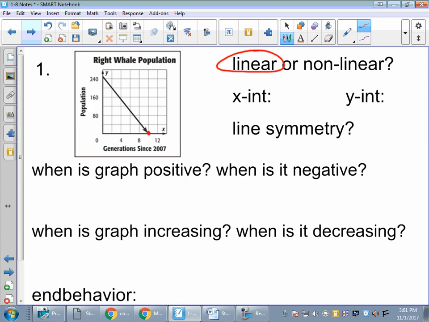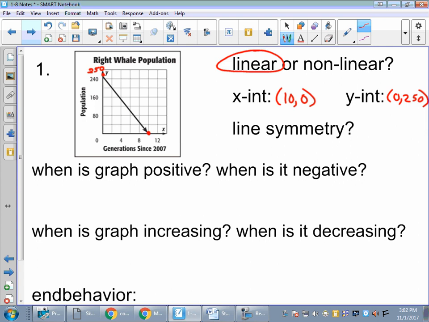So my x-intercept is 10, 0. And my y-intercept is way up here, and we're counting by 40s, so this would probably be like 250 or so, 260. So my y-intercept is 0, 250.